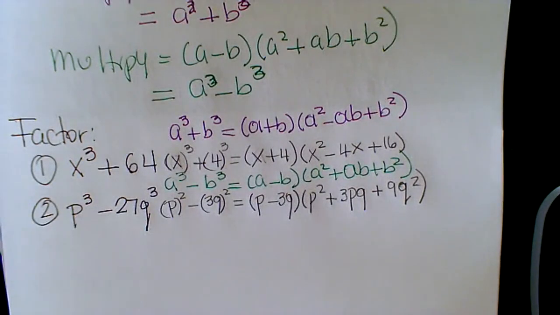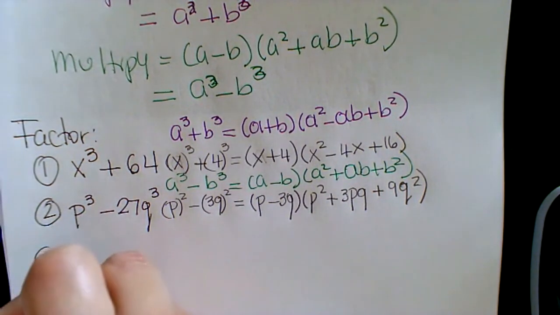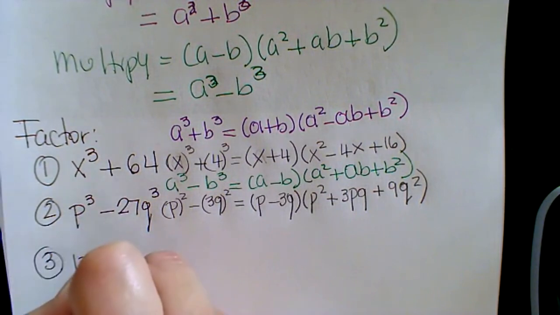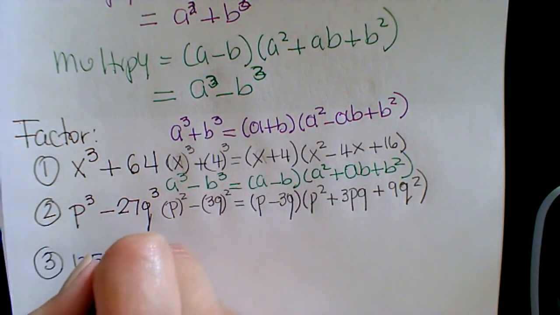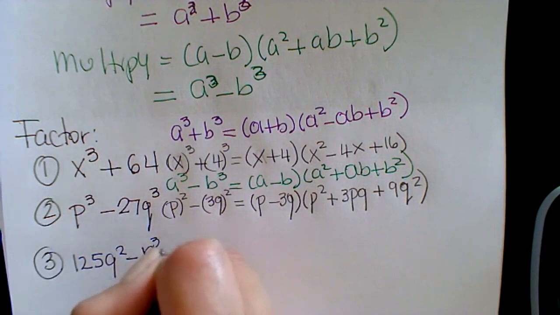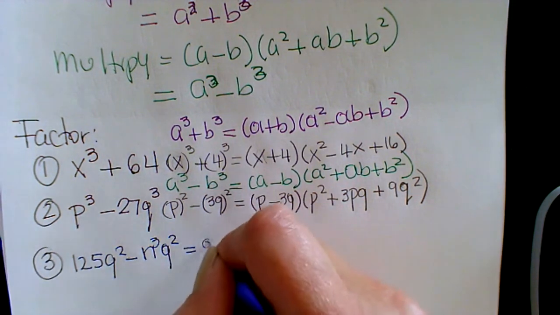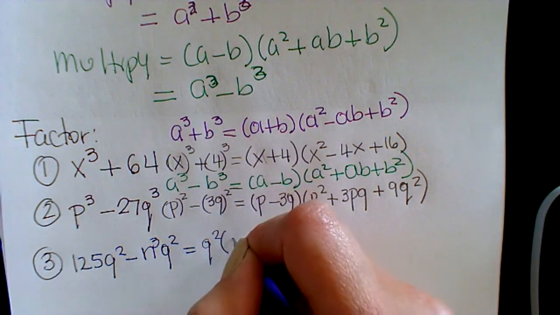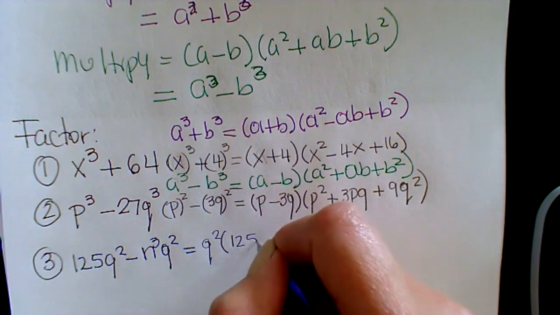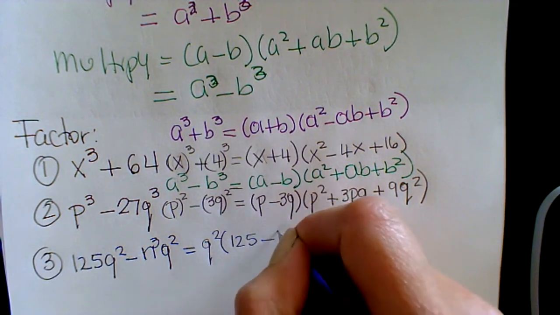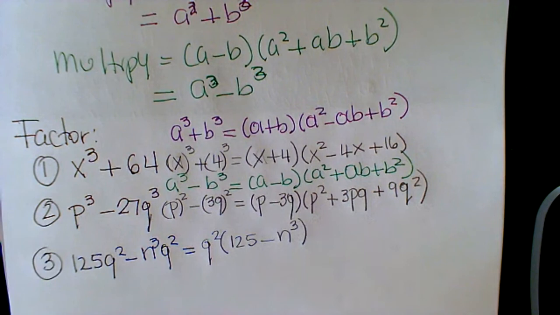And this one, we've got to do one more step before we start applying the sum and the difference of cubes. So this one we have 125q, I'm going to factor out the q. So it's going to be q times 125 minus n to the third power.